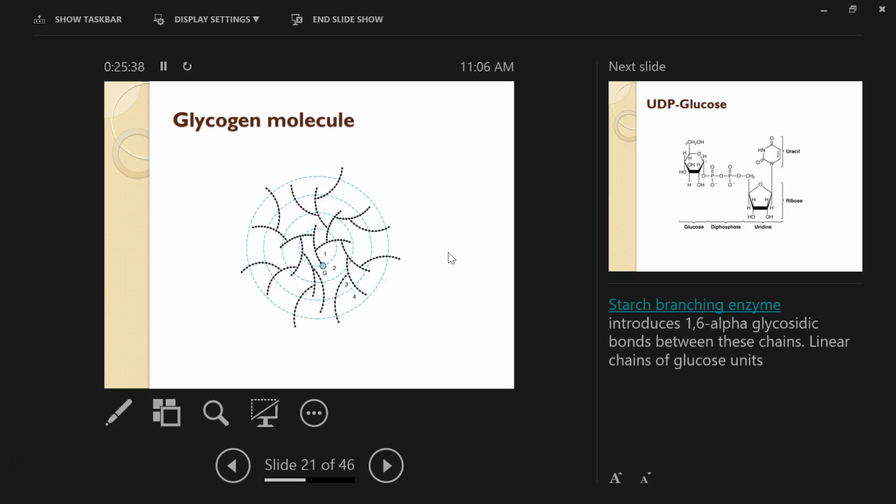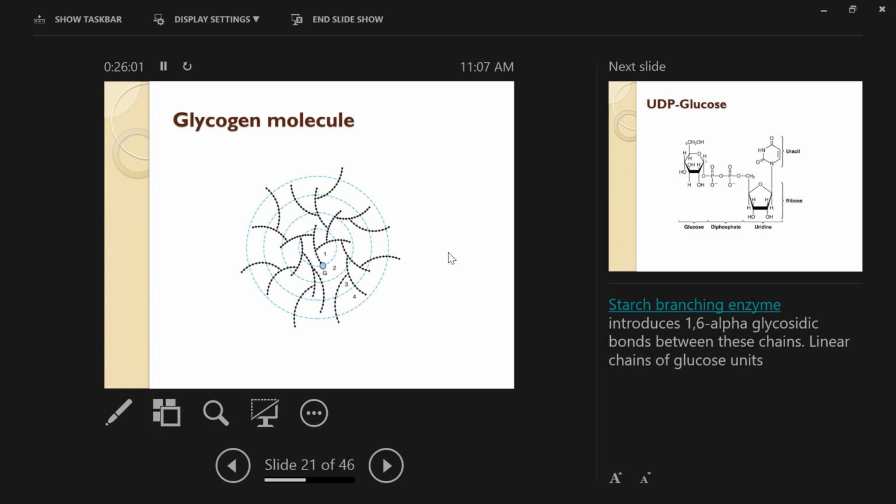So this is the structure of the glycogen. You can see in the middle this represents a protein, the glycogenin, right? Glycogenin is required for glycogen synthesis, and the black dots represent the glucose molecules.